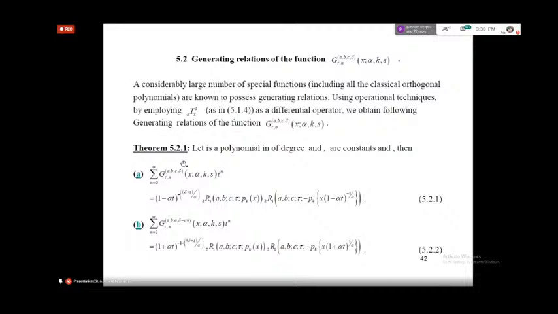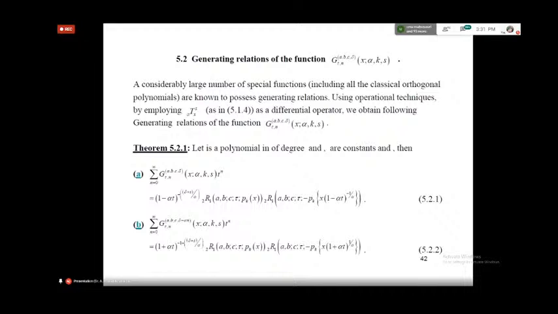So here is the generating relation. First we have to find out the generating relation. Basically, when we are having a polynomial, this is most important for finding the finite summation formula. If a finite summation formula for any polynomial is not applicable or we are not able to derive such a formula, then we have to decide whether it is a polynomial or not.